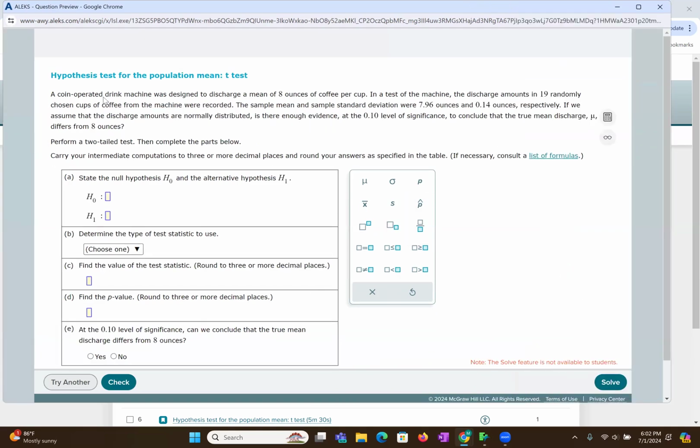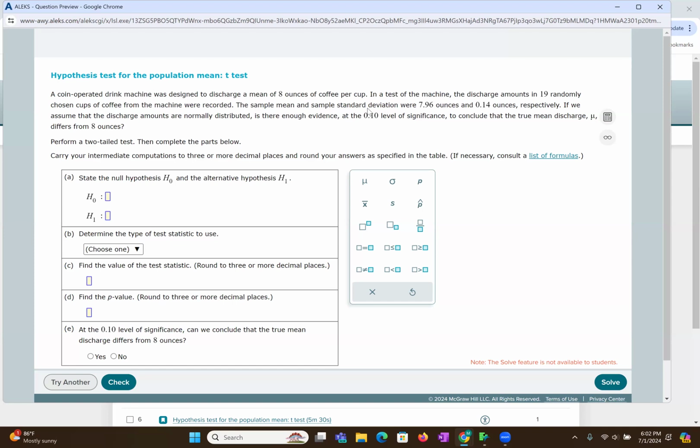In this question, it says a coin-operated drink machine was designed to discharge a mean of 8 ounces of coffee per cup. In a test of the machine, the discharge amounts in 19 randomly chosen cups of coffee from the machine were recorded. The sample mean and the sample standard deviation are words you're going to hear all the time. So this is all about the sample.